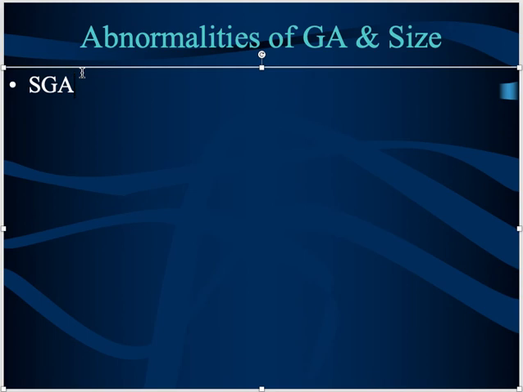Whenever someone is having low birth weight, on examination we check, by the way, a very important point, guys: either there is head sparing or there is no head sparing, or you can say symmetric or asymmetric.